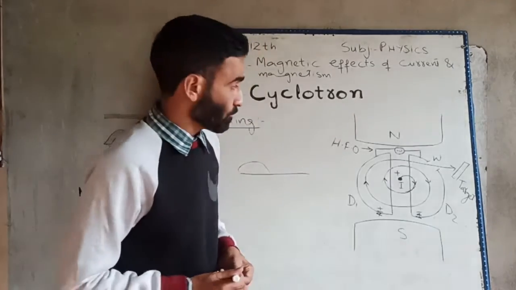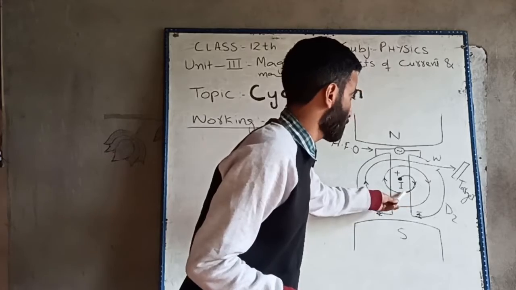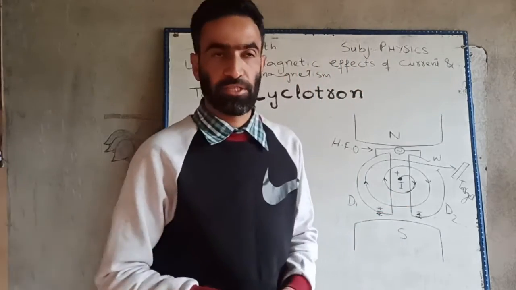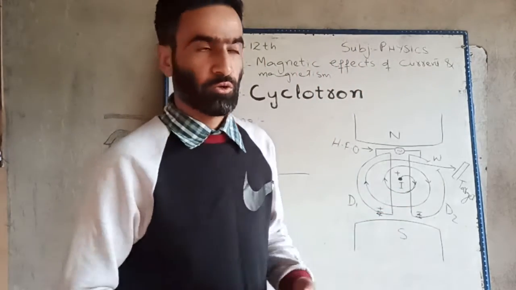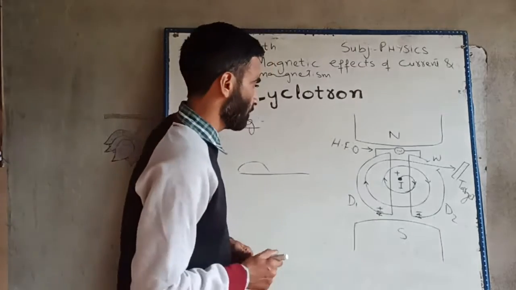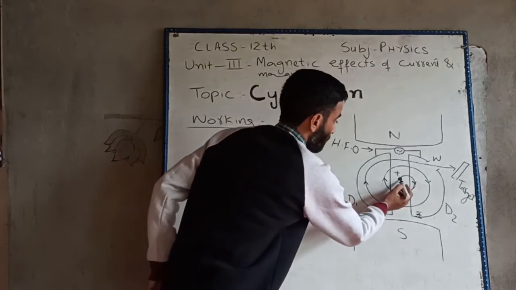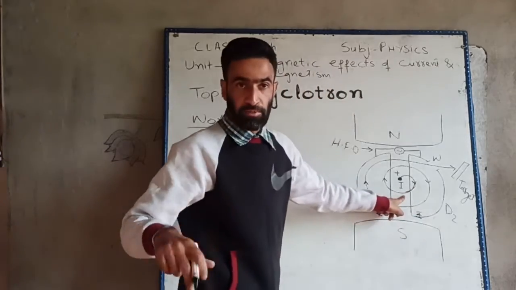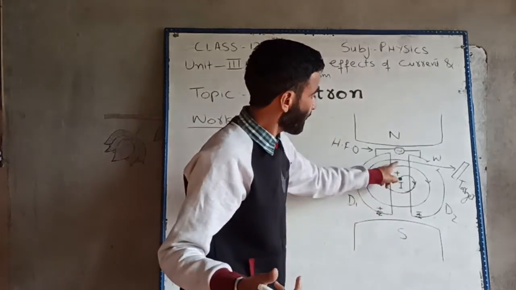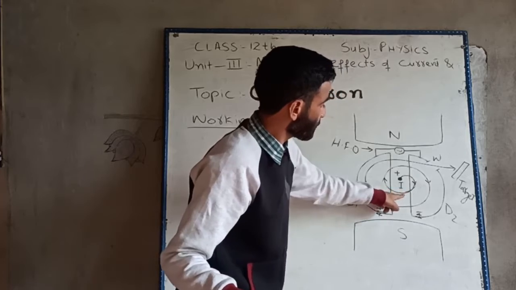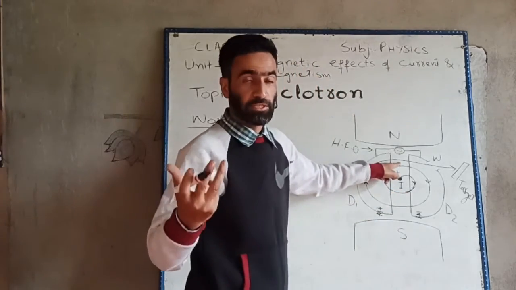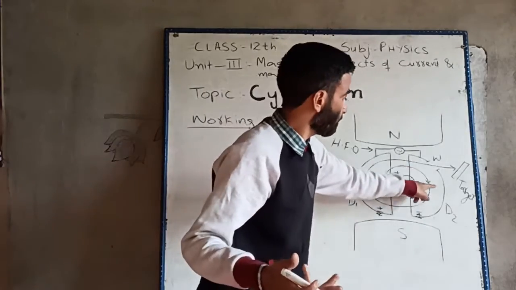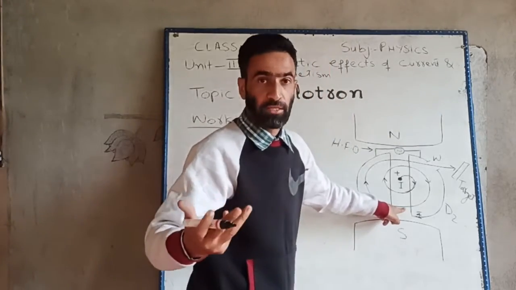So we understood here that the time is constant, and we can understand it in the theory when we go to the mathematical aspect also. So when the time is the same, for the first half let it be the smaller radius, meaning the smaller distance, and in the next half, the distance to be covered by the charged particle is more, and in the third half, it is again more than that.